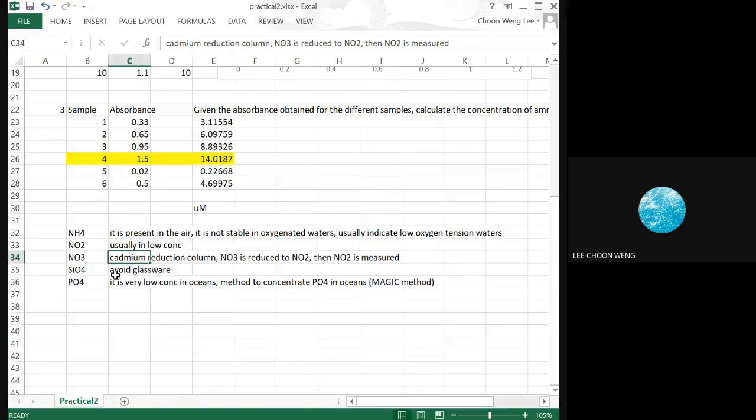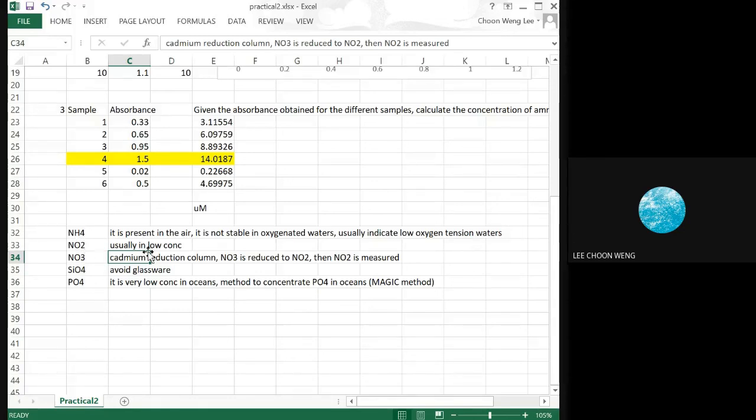So for NO3, we don't measure NO3 by itself. What we do is we reduce all the NO3 to NO2, and then we measure NO2. That's why if you want to measure NO3, you have to measure NO2 separately.